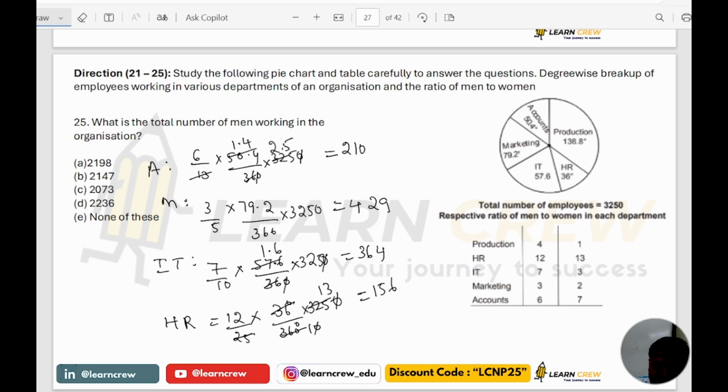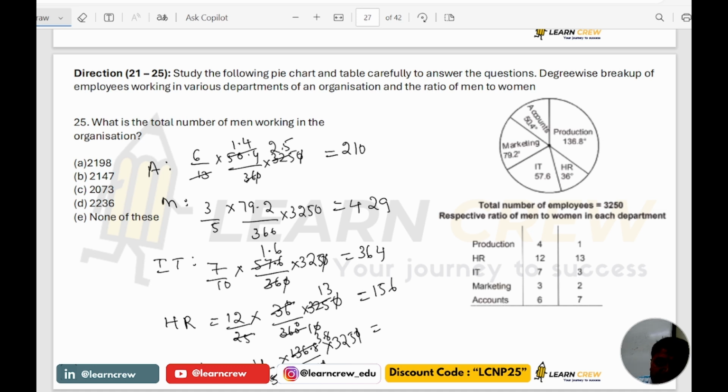Finally production. So production, how much is there in total? Production total is 136.8 and out of that males are 4 by 5. 136.8 divided by 360 into 3250. How much are you going to get? If you see here, the zeros cancel. 36 3s are 108, so it is 3.8.